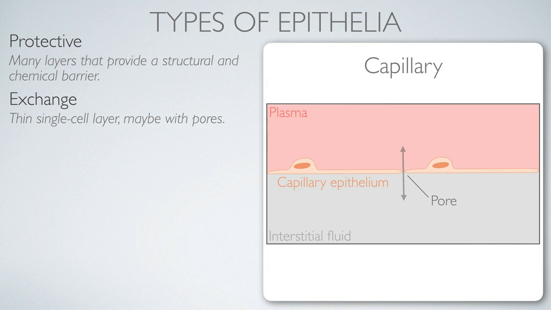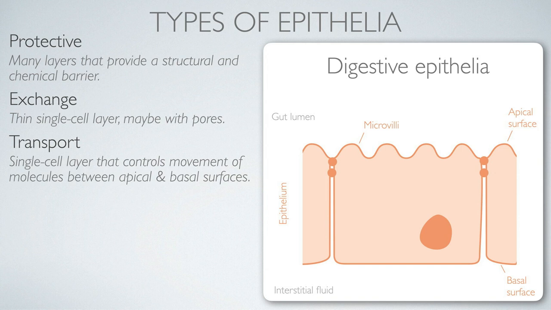A much more selective situation occurs in digestive epithelia, where we have transport membranes. Again, this is another single cell layer, and it's controlling the movement of molecules from the external world into the interior.